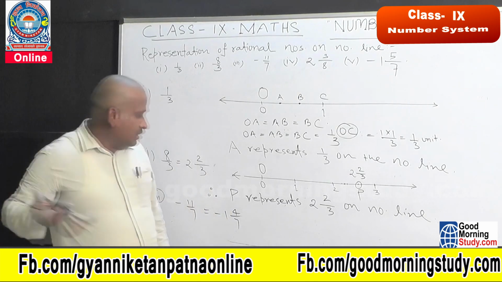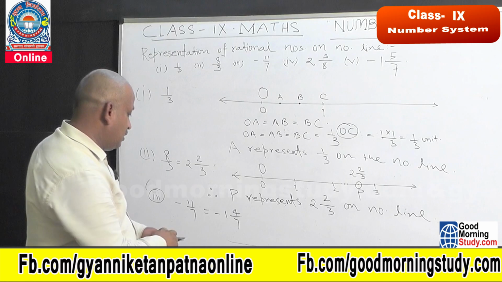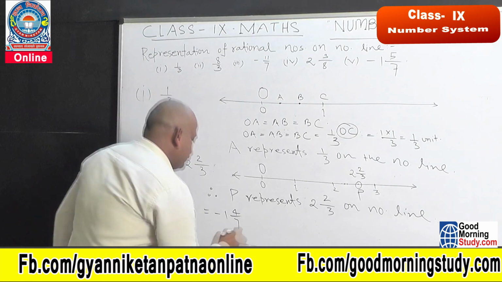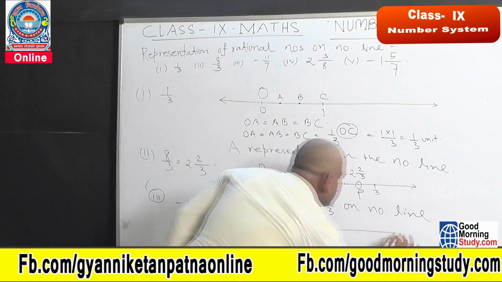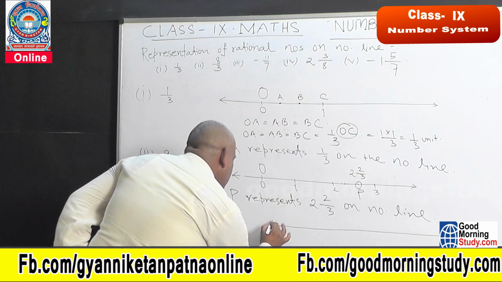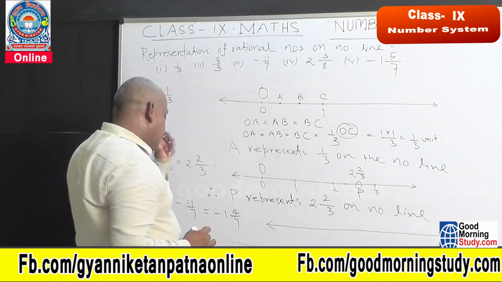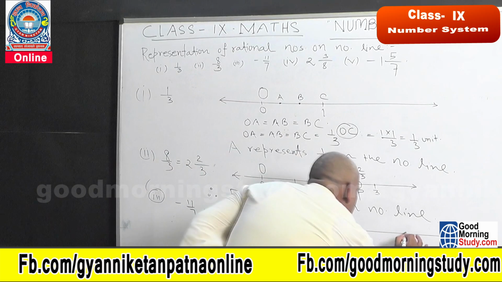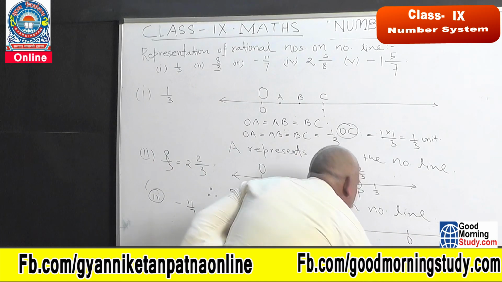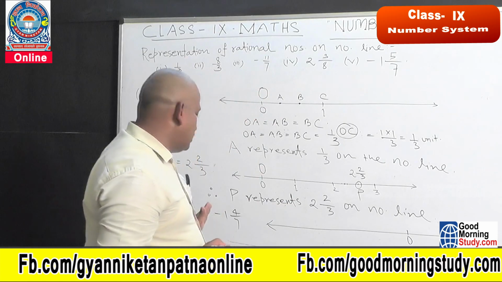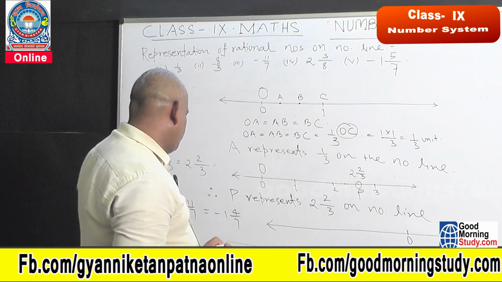So, minus 1 whole 4 by 7 will represent like this. First of all, I am drawing the number line, and this is the negative rational number. So we will move, this point I am taking 0. So we will move to the left of the 0.